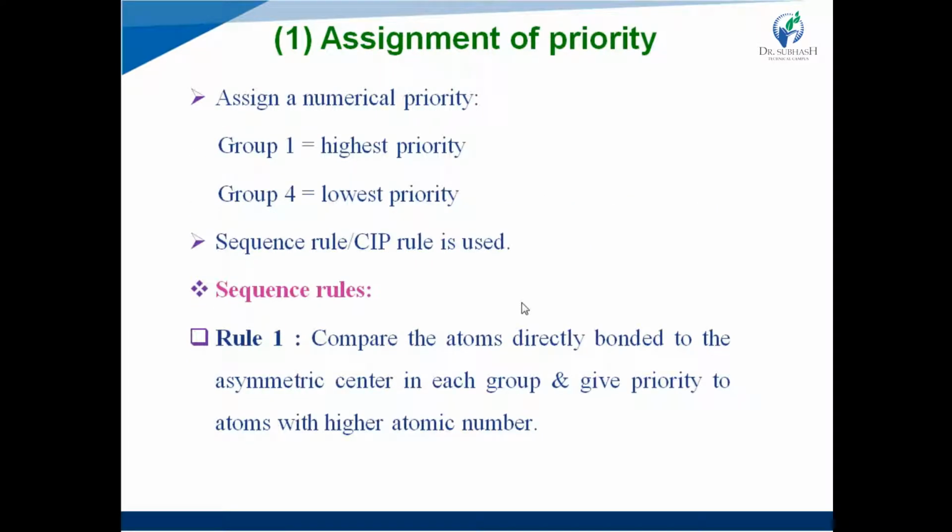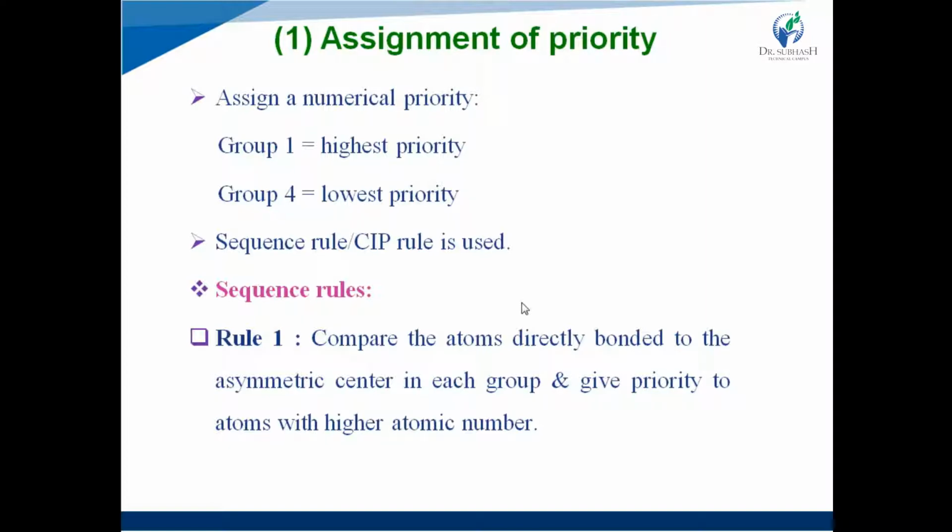First, the assignment of priority: assign a numerical priority to the four different groups or atoms attached to the chiral center. For example, group 1 is considered the highest priority group and group 4 the lowest priority group. This numerical priority is given by using the sequence rule or CIP rule.